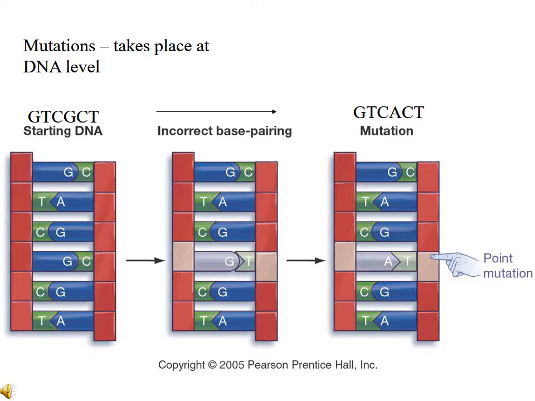When that molecule replicates itself through the process of DNA replication, you see suddenly where the arrow points, the G gets converted to an A. Well, that means that the new sequence is going to be GTCACT, which means that we have now a point mutation, that the process of DNA replication has produced a new sequence of DNA, which means that this new sequence is mutated, and therefore that particular organism may carry on new characteristics.